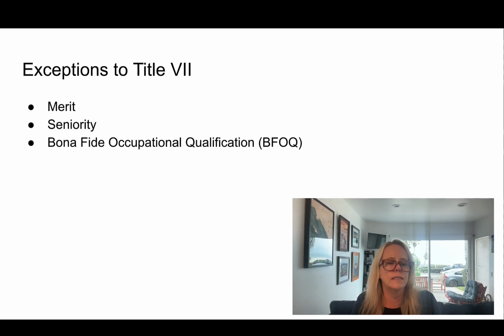So there are some exceptions to Title VII where you can, for lack of a better term, discriminate, or defenses, I should say. The first is merit. If you show somebody earned the position because of their specific qualities, well, then that's a valid defense.